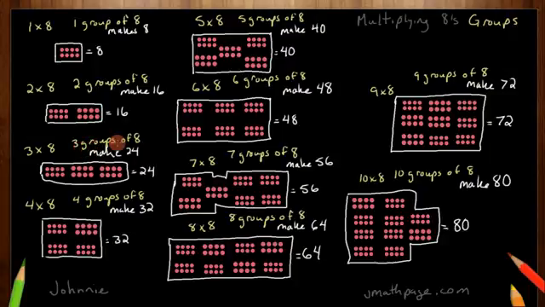If we said 3 groups of 8, we made pictures of 3 groups of 8. Then we counted them out. 3 groups of 8 is the same as 8 and 8 and 8 more, and we found that to be 24. We can say 3 groups of 8 make 24, or 3 times 8 equals 24.